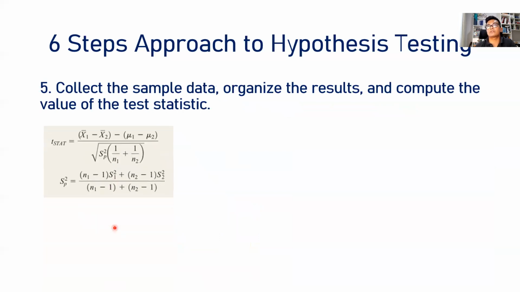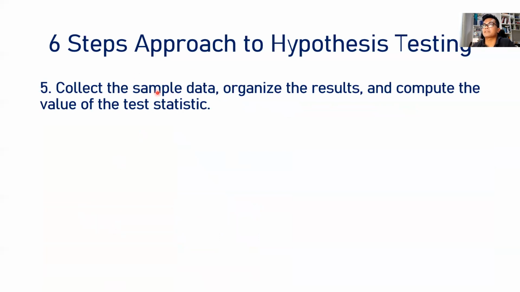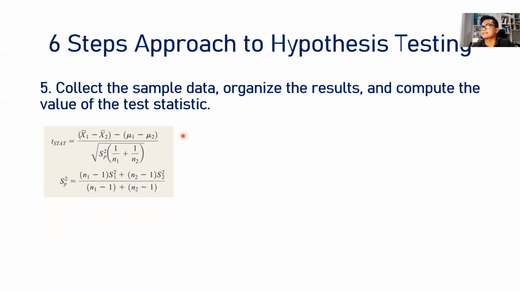And then going to the fifth step, collect the sample data, organize the result, and compute the value of the test statistic. In computing the value of the test statistic, we use this formula. As we see, to calculate the t-statistic, we need the mean value of sample 1 and the mean value of sample 2, the sample size of sample 1 and sample 2, and then the hypothesized value, and then the SP.